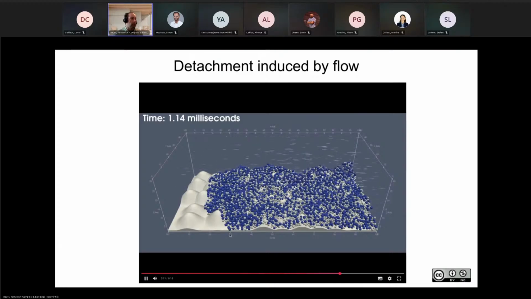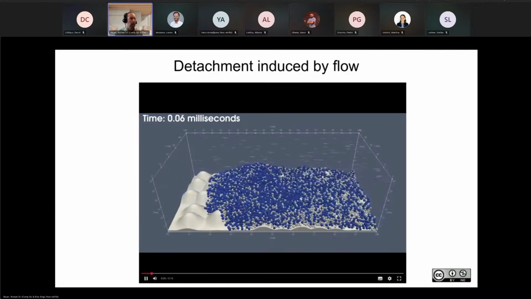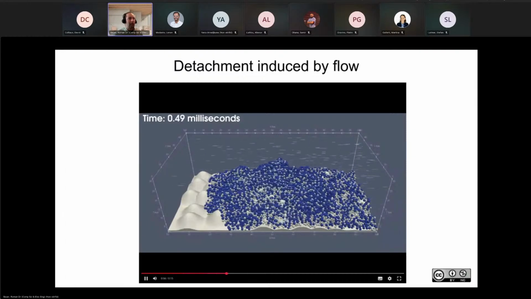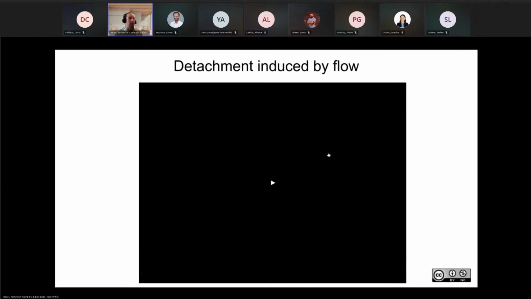And then we also simulate the impact of the substrate and the mechanical interactions. You can see here that in this case, there is some clumping of cells, but there are also individual cells that are dragged by this flow. So there's a lot of complex things happening here that we can now investigate in simulation by using BioDynamo.